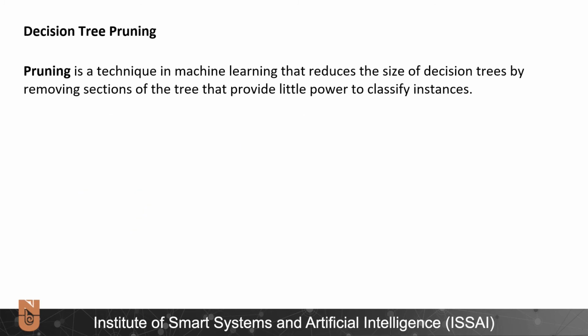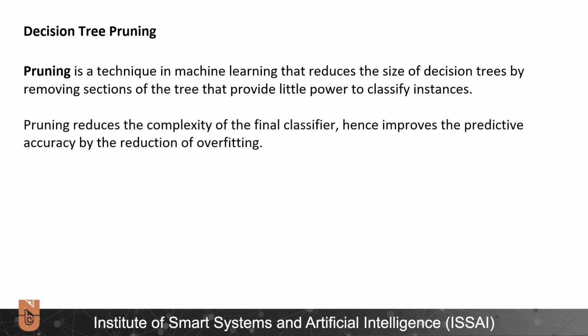Pruning is a technique in machine learning that reduces the size of decision trees by removing the sections of the tree that provide little power to classify instances. Pruning reduces the complexity of the final classifier, hence improves the predictive accuracy by the reduction of overfitting. One of the techniques is called reduced error pruning.